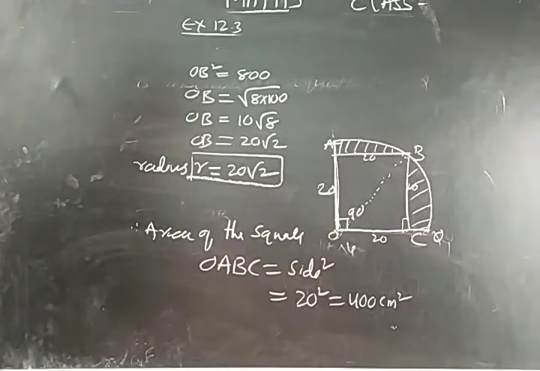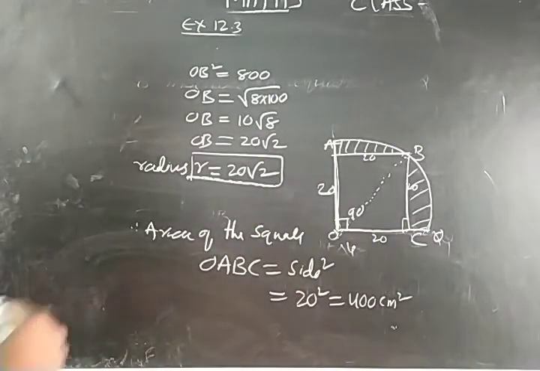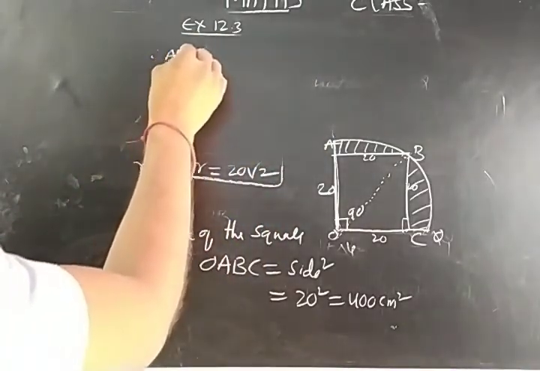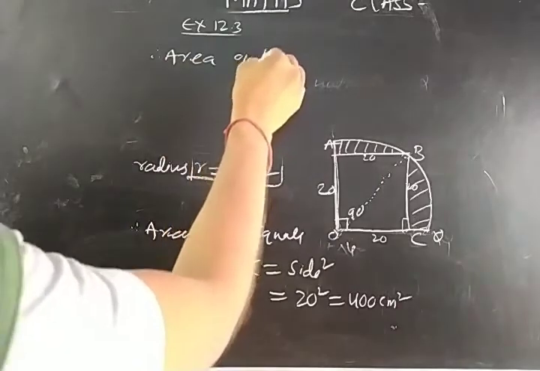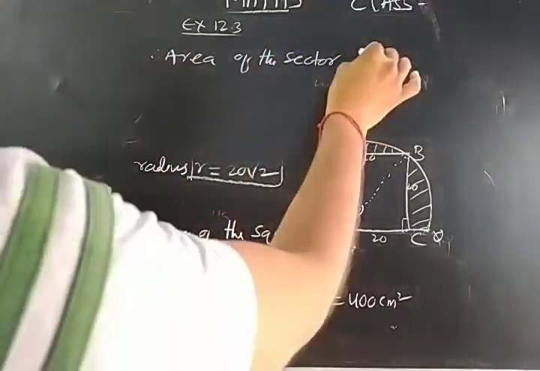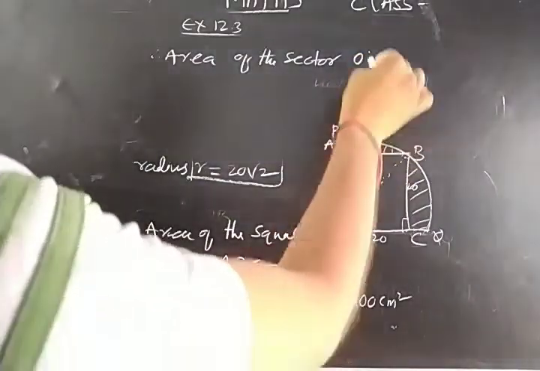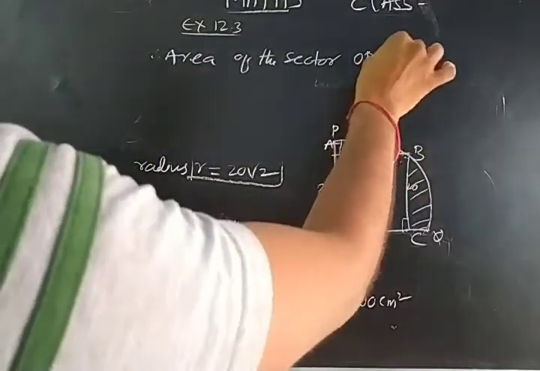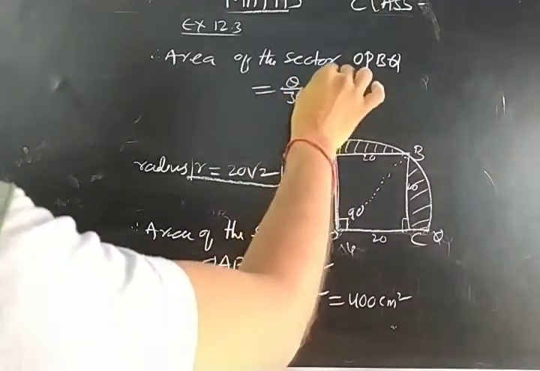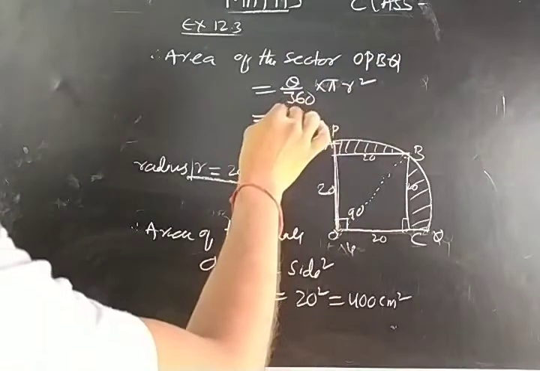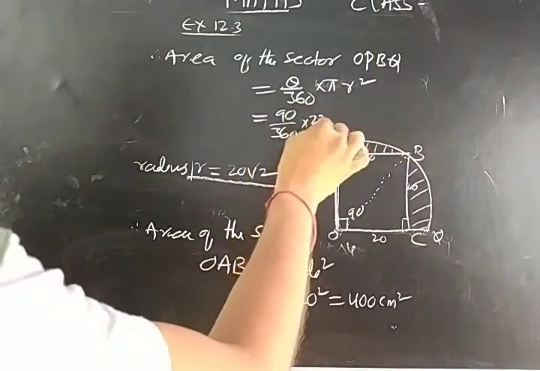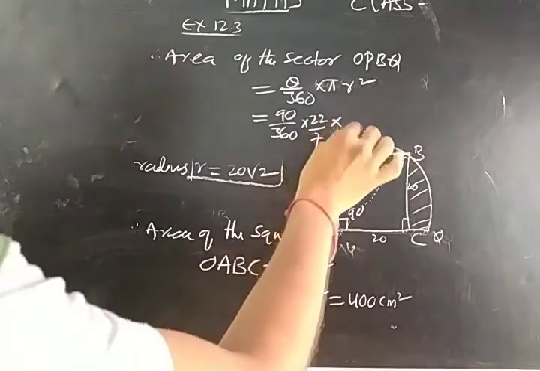Now I am going to find the area of the sector. Therefore area of the sector OPBQ is equal to theta by 360 into pi r square. Theta 90 by 360 into 22 by 7 into r square.